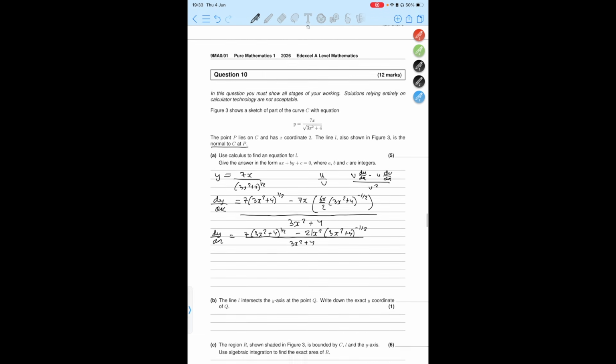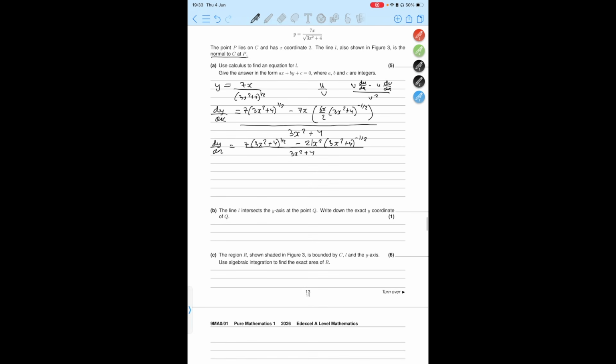How many marks is this? To be fair, we could also try and simplify this. If we multiply the top and the bottom by (3x squared plus 4) to the half, this will just become 3x squared plus 4.